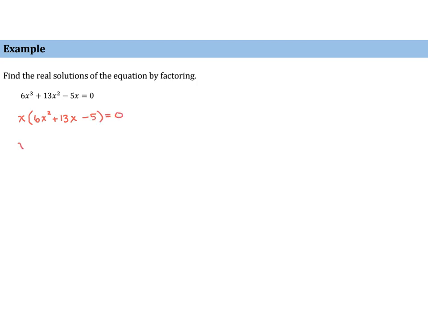And now we have a trinomial that we can factor by trial and error. So 6x squared, we need to factor. And then we also need to look at factors of -5. So if you want to go ahead and try factoring this trinomial into two binomials, go ahead and pause the video and see how you do.